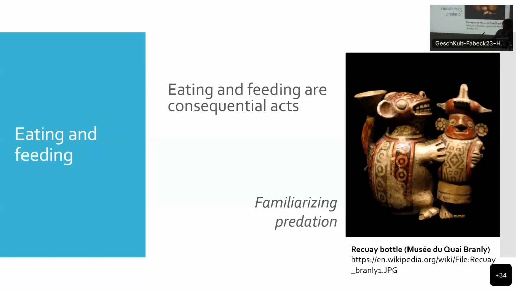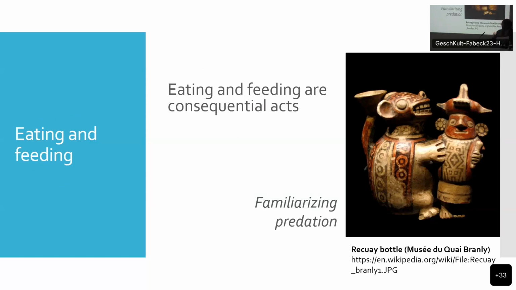So archaeological, historical, and anthropological studies of human-animal relations have a lot to say about feeding and eating. Ethnographic and historical work on societies in the Amazon have introduced this concept of familiarizing predation.